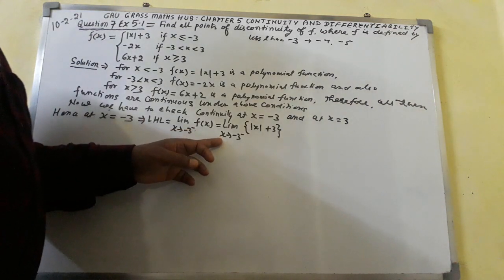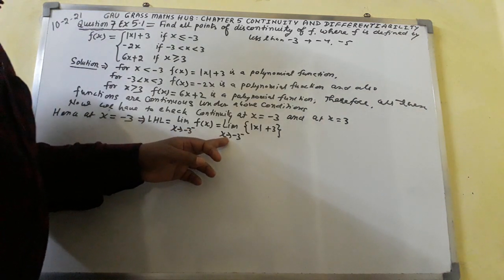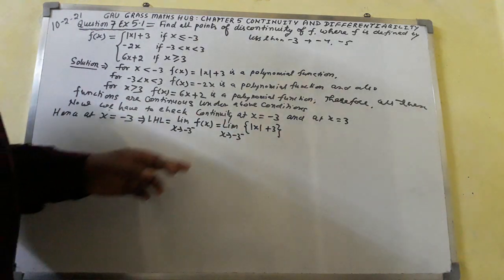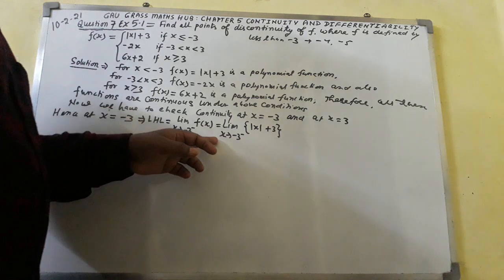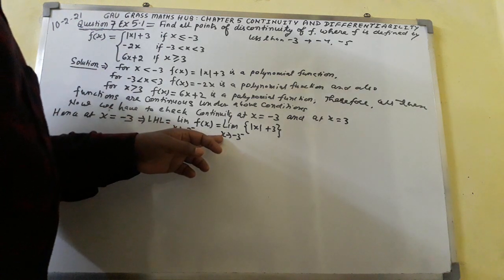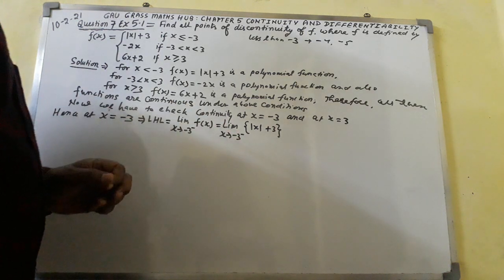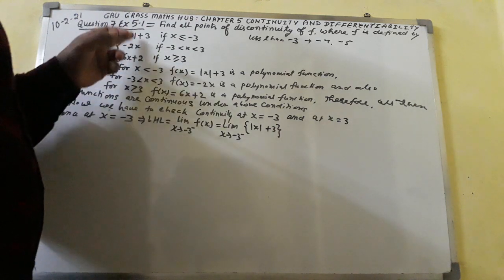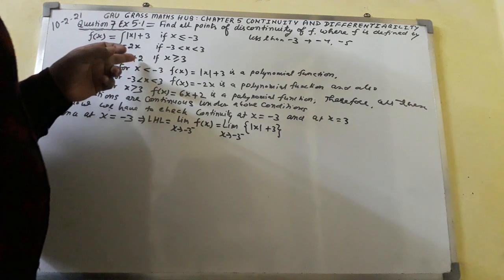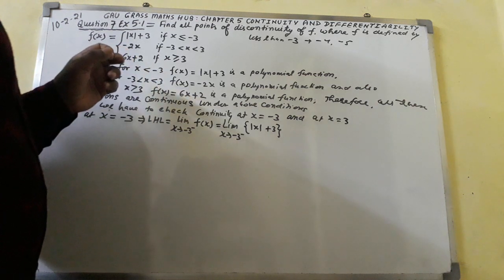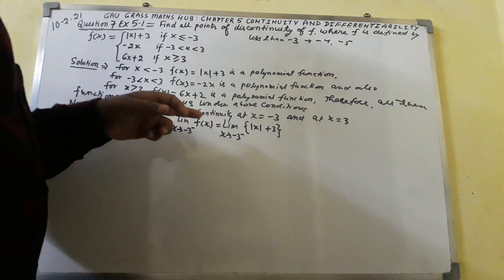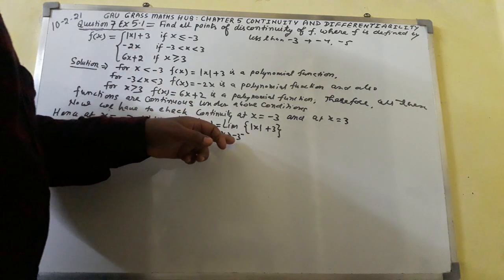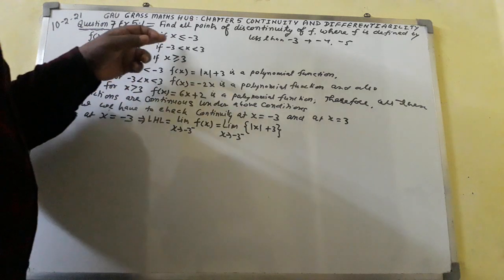Here it is written x tends minus 3 negative, which means that the value of x must be less than minus 3. So you have to choose one function of all these three functions in order to get the value of x less than minus 3.